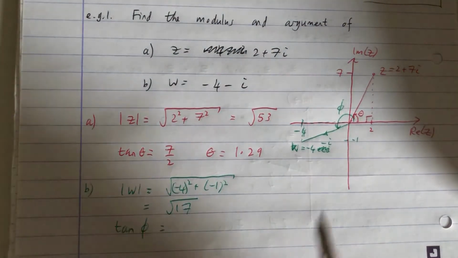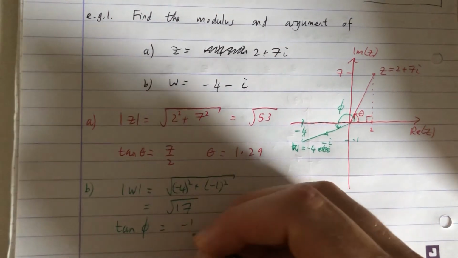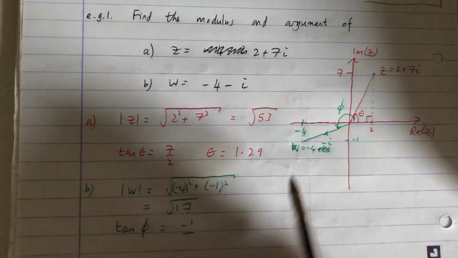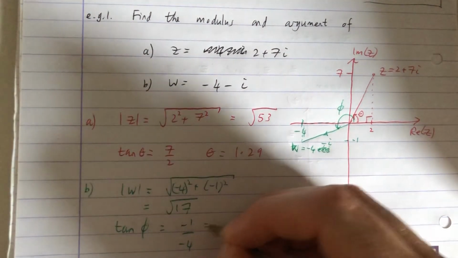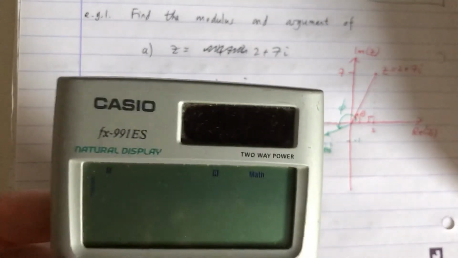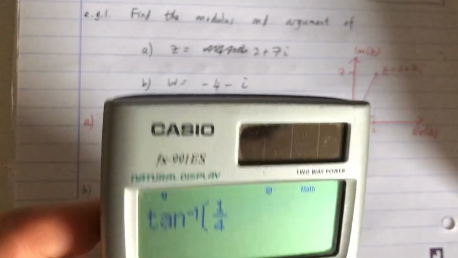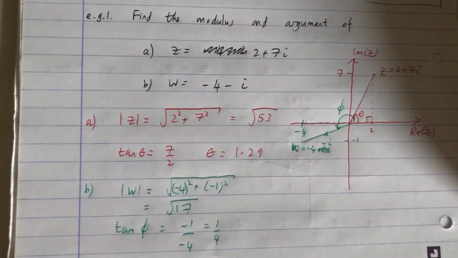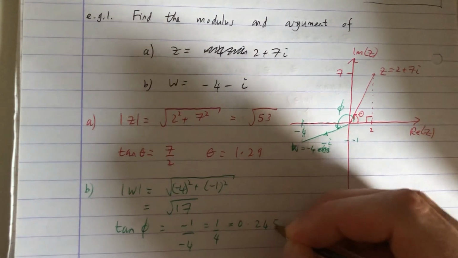There we go. y is -1, x is -4, which is effectively a quarter. So tan phi is equal to a quarter. Inverse tan of a quarter gives you 0.245 to 3SF.